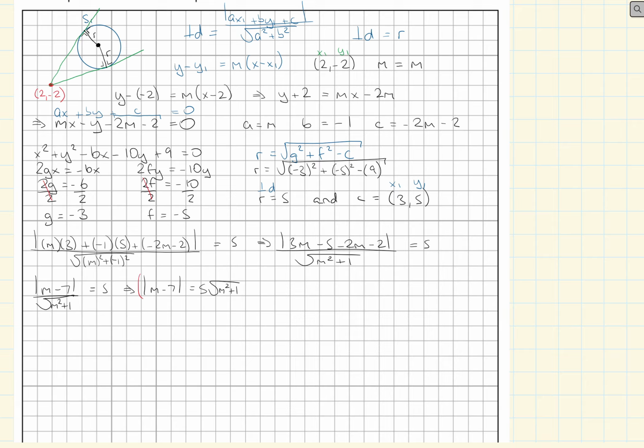We need to get rid of our modulus, so we square both sides. Left side will be m squared minus 14m plus 49 will equal the right side. The 5 is outside the brackets, so that becomes 25 times the square, and the root cancels now, and we are left with m squared plus 1.